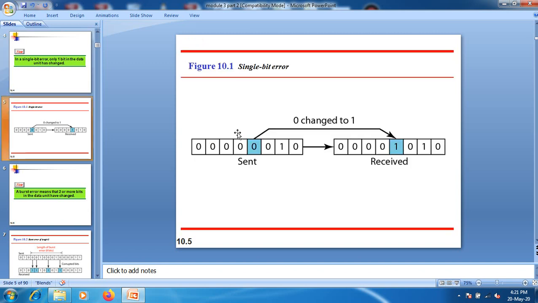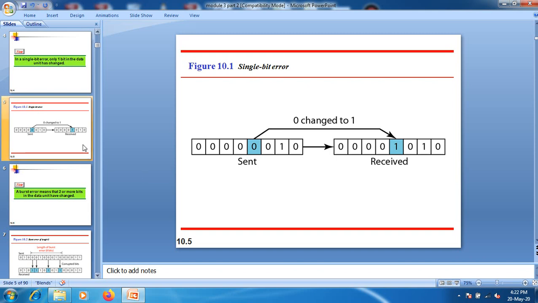Here we have sent this data, 0 0 0 0 0 0 1 0, and the fourth bit becomes the corrupt one, changed from 0 to 1. The receiver receives this information. We can say that this is the start of text, and this is what was received, that is the line feed.